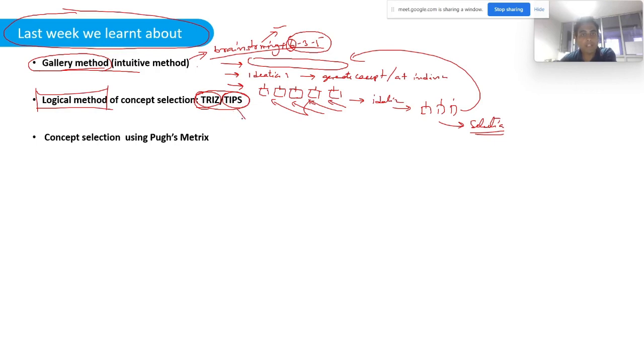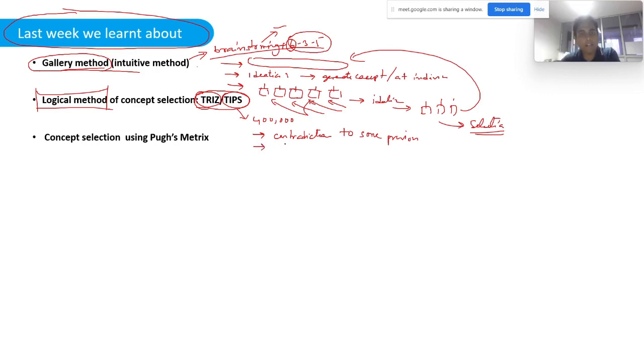A Russian scholar, after reviewing 400,000 patents, identified that all inventions are basically contradictions to some previous solutions.